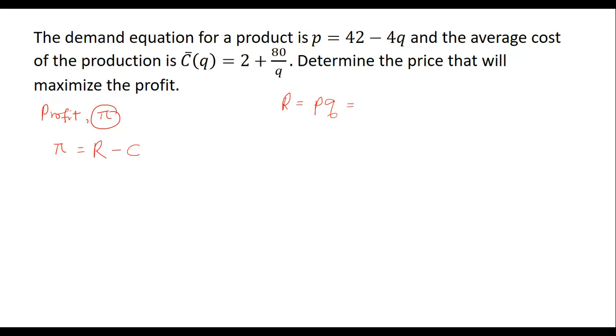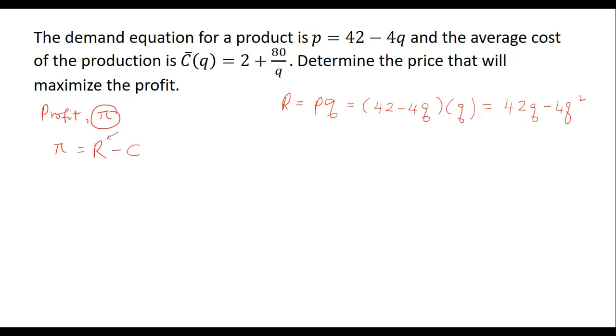So I put my demand equation there, which is just actually a price, into my P, and I do not forget my Q right now. And then from here I know that my revenue function now becomes 42Q minus 4Q square. Now this part is clear.